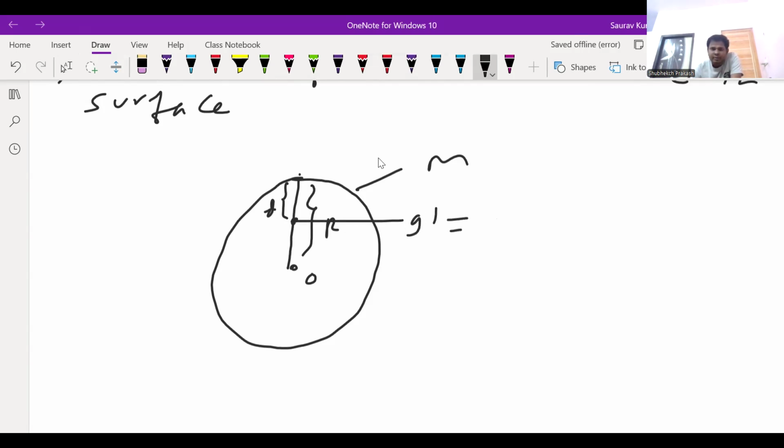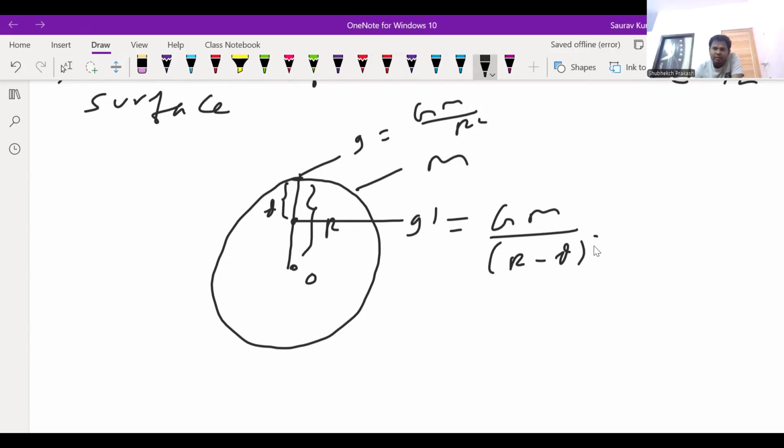What will be g? And here the acceleration due to gravity is g equal to GM by R square. Here it will be GM by R minus d whole square. What is the distance from the center? R minus d, or not? So the distance from the center will be R minus d.